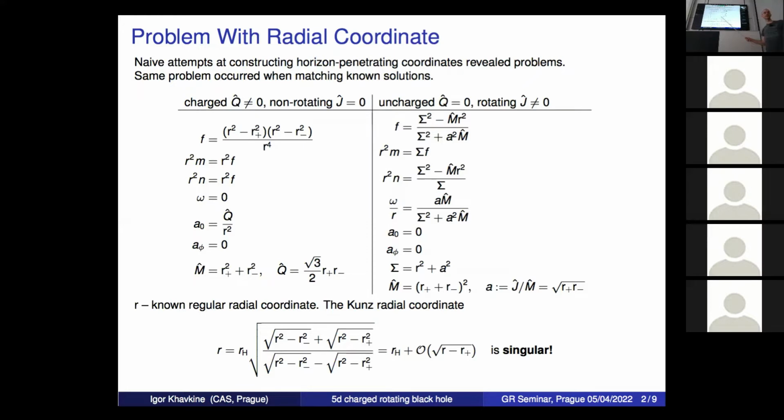So the way that they wrote the ansatz, their radial coordinate happens to be singular at the horizon. That calls into question whether the solution they obtained really is regular at the horizon or not. This is what we needed to investigate.